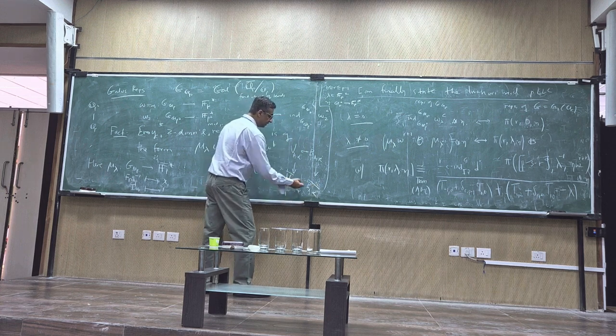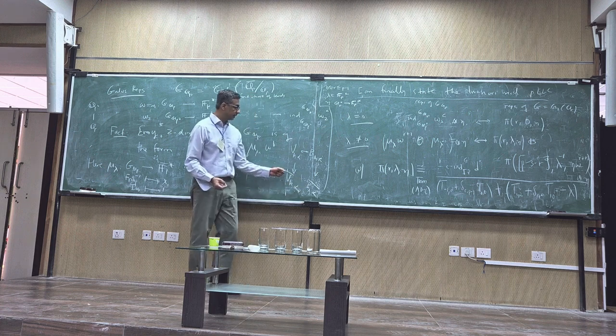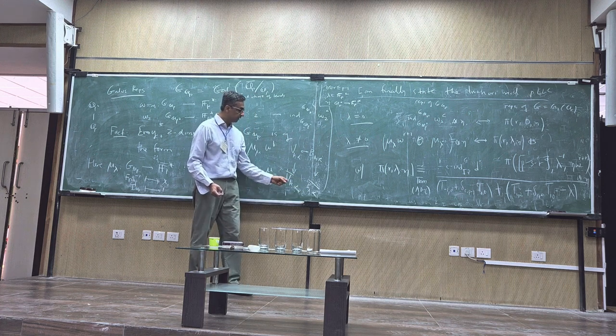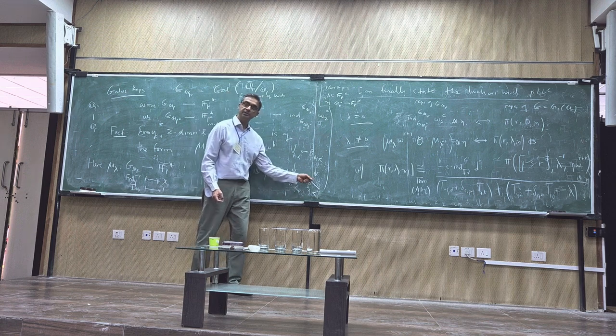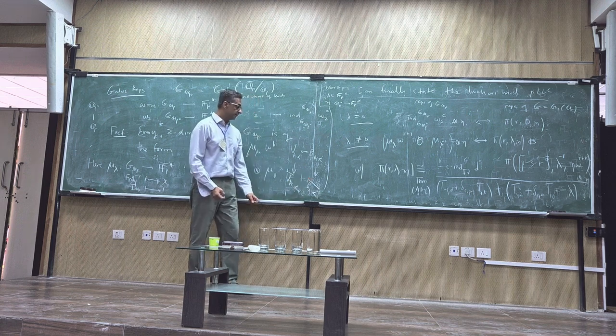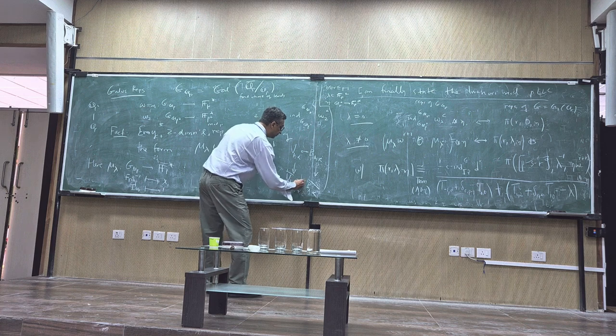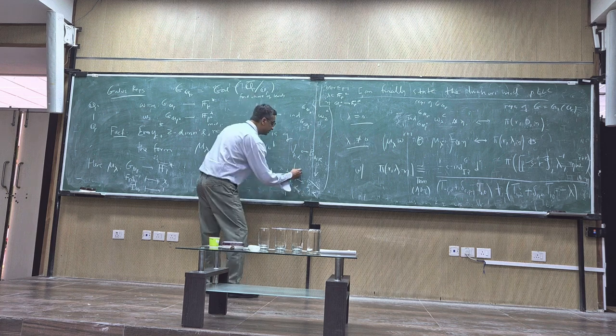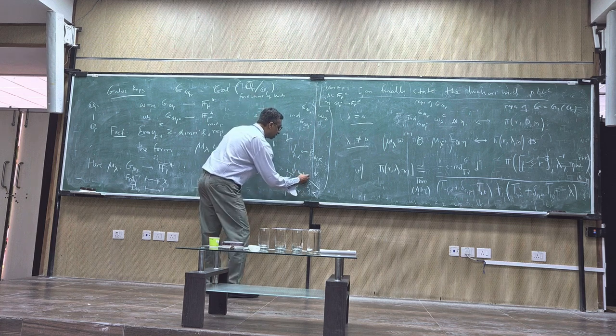And then this is a mod p Galois representation, a G_{Q_p} representation mod p, and this is a GL2(Q_p) mod p representation. And these are related by the Iwahori mod p local Langlands correspondence.